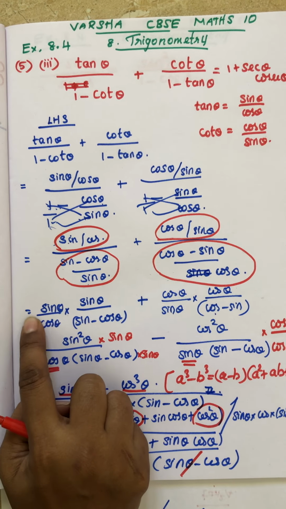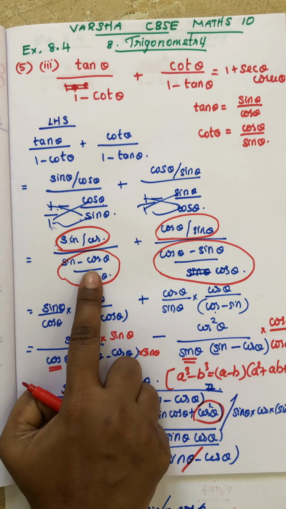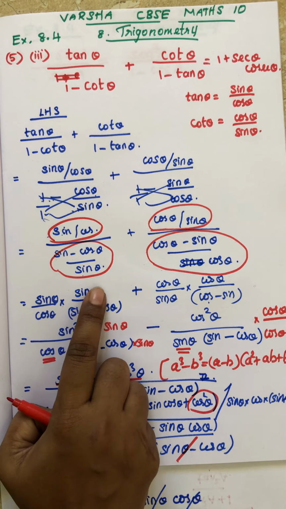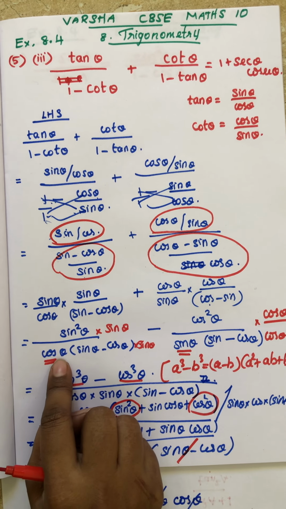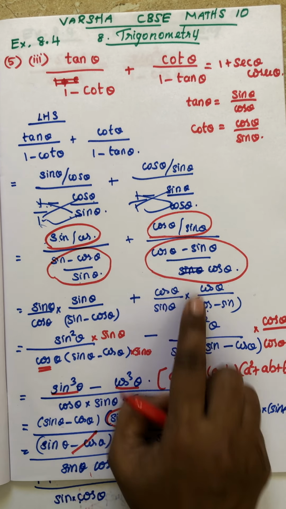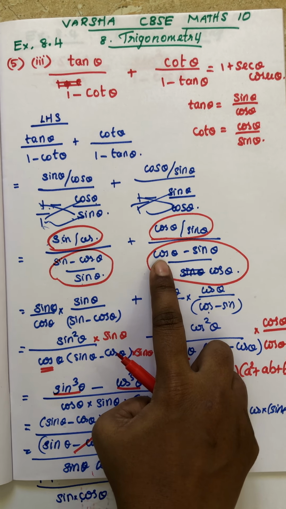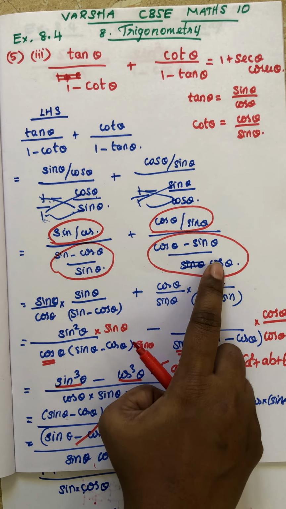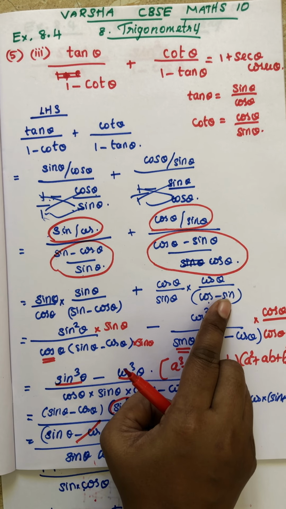The numerator fraction I write as it is. The denominator is also a fraction, so I am just taking the reciprocal. So sin square I write as it is, plus numerator cos by sin into, here, cos minus sin by cos, taking the reciprocal, so cos by cos minus sin.